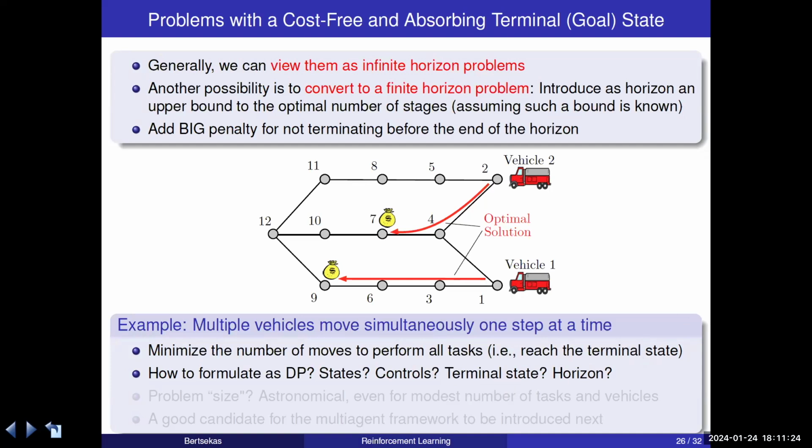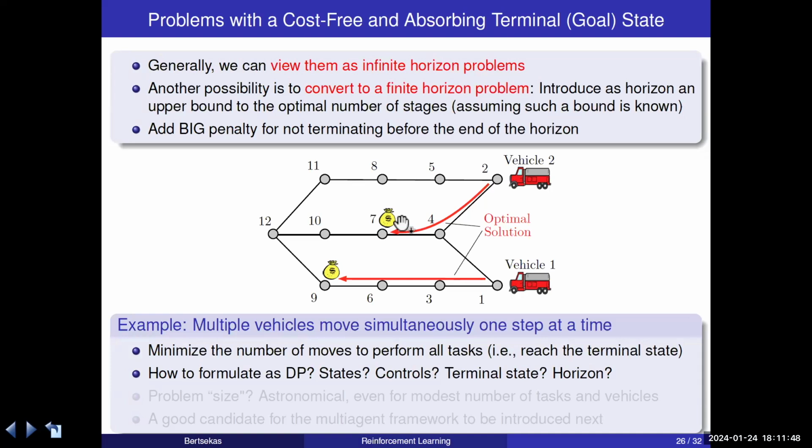The number of moves taken. No, that would not be part of the state. How many moves it has taken you to be where you are, that would not be important for the purpose of future optimization. It would affect the overall cost, but not the future costs.